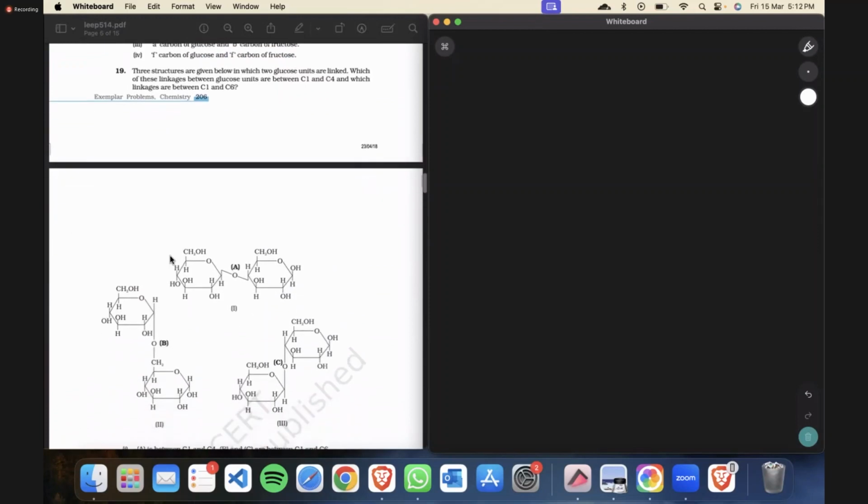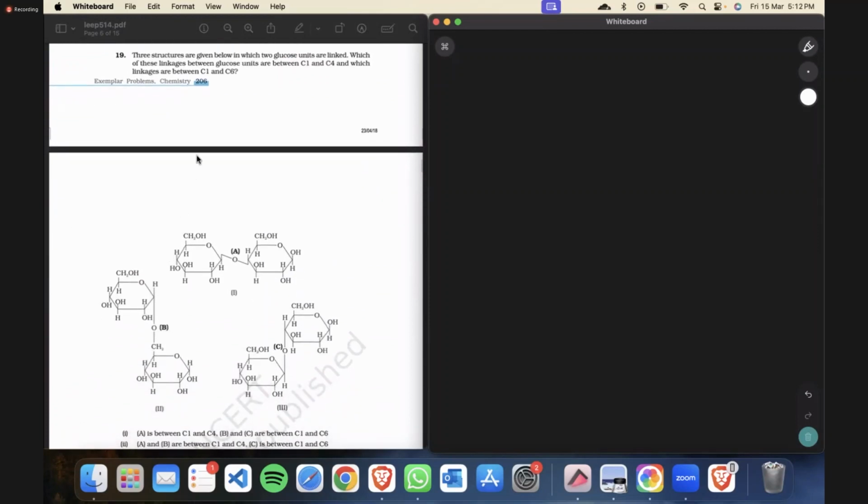Question number 19. Three structures are given below in which two glucose units are linked. Which of these linkages between glucose units are between C1 and C4, and which linkages are between C1 and C6? The first option says A is between C1 and C4, B and C are between C1 and C6. No, wrong.